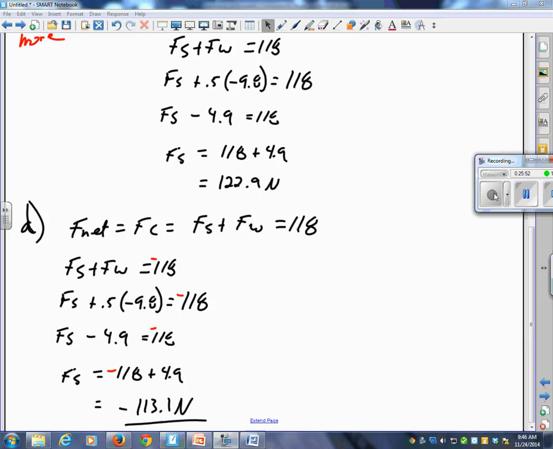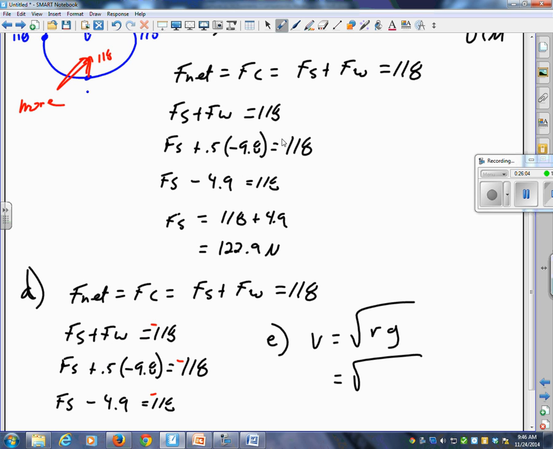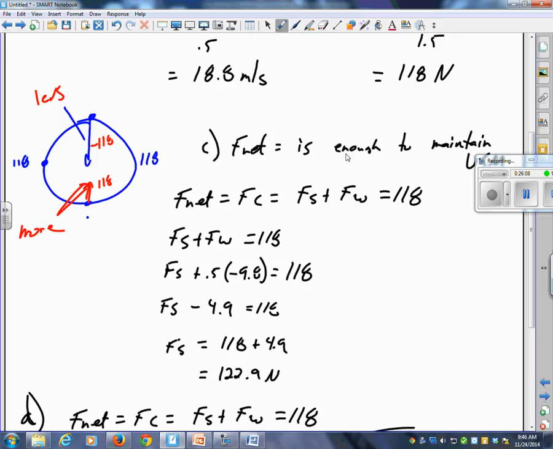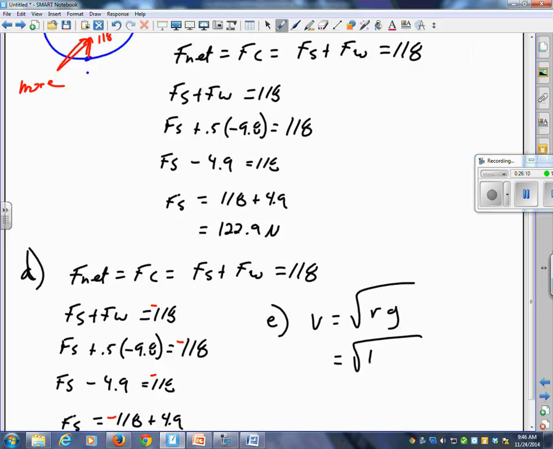Let's add a question here. I'm going to do this for future generations as well. What would be the critical velocity? Well, it would be v is equal to square root of r times g. What's my radius? 1.5 meters. So 1.5 times 9.8 and take the square root of that.